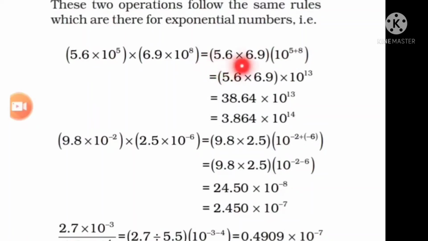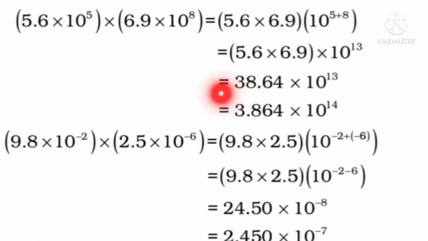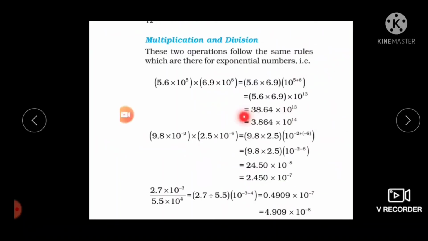5.6 times 6.9 times 10 to the power of 5 plus 8. Thus we get 5 plus 8 is 13. So we get 10 raised to 13, which is equal to 5.6 times 6.9 times 10 to the power of 13. 5.6 times 6.9 equals 38.64 times 10 to the power of 13.